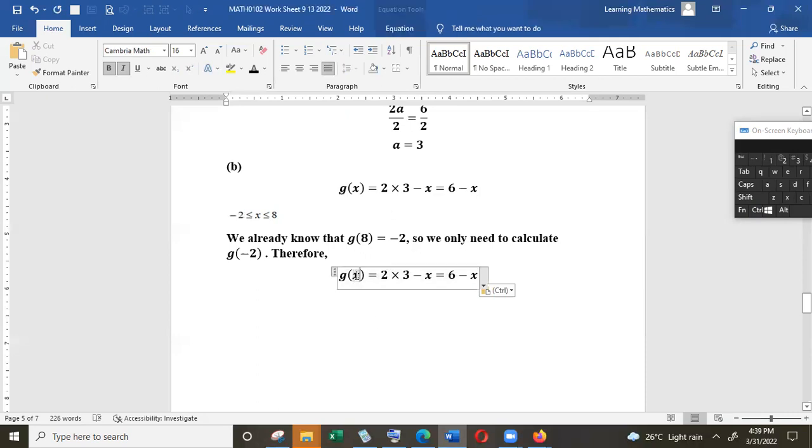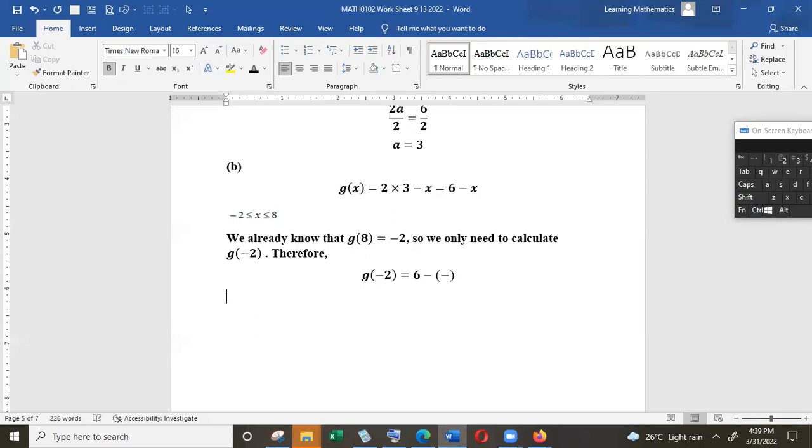So g of -2 is equal to 6 minus -2. 6 minus -2 will give us 6 plus 2, which will give us 8. So g of -2 is 8.